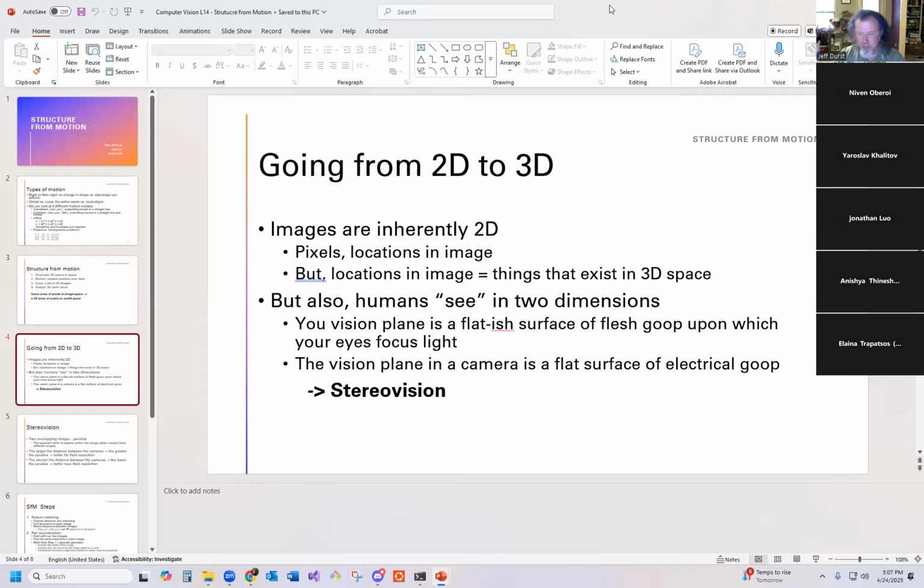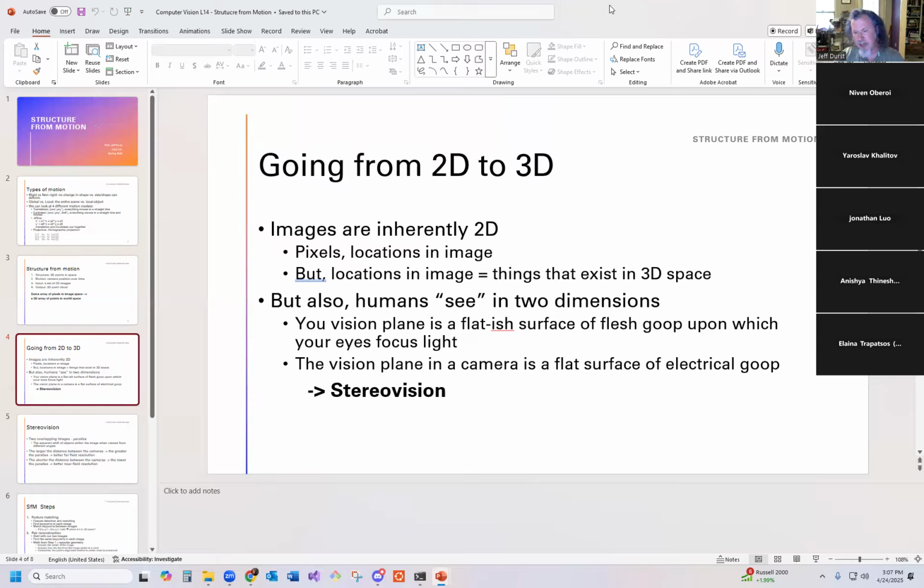So whenever we look at stuff, whenever we look at an image, whenever we look at a monitor, we're essentially just looking at a two-dimensional projection of the world onto some sort of imaging surface. And that includes us, right? When we see something, it is displayed on our vision plane.